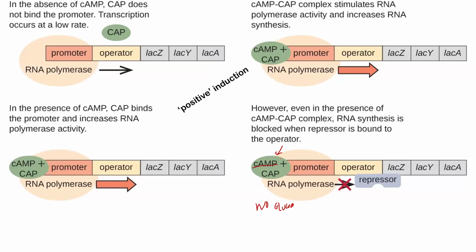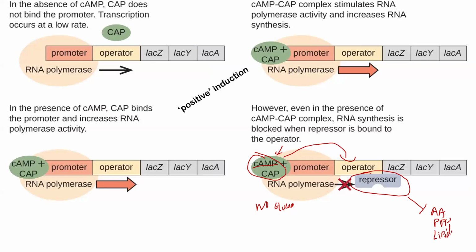The inverse is true for things like the pentose phosphate pathway or the polymethylation pathway or the amino acid biosynthetic pathway, where cAMP binds CAP, and cAMP plus CAP binds to repressors on operators and they prevent amino acid biosynthesis, the pentose phosphate pathway, and the polymethylation lipid pathway, the lipid biogenesis pathway.